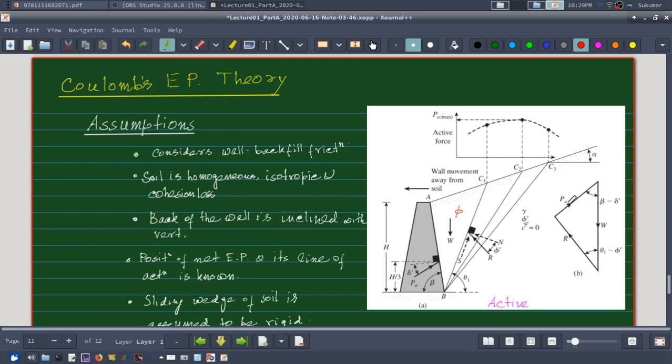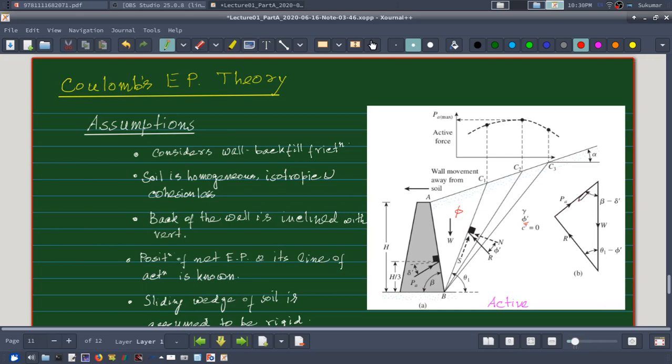Okay, and now from the density of the failure wedge, I know the weight of the wedge, W, and I know the direction of this resultant force R, because it is at an angle phi to the normal to the failure plane. So I know the direction of this force also, so I can draw a force triangle and find out the equilibrium condition, and from that equilibrium force triangle I can find out, to scale, the total active earth pressure.